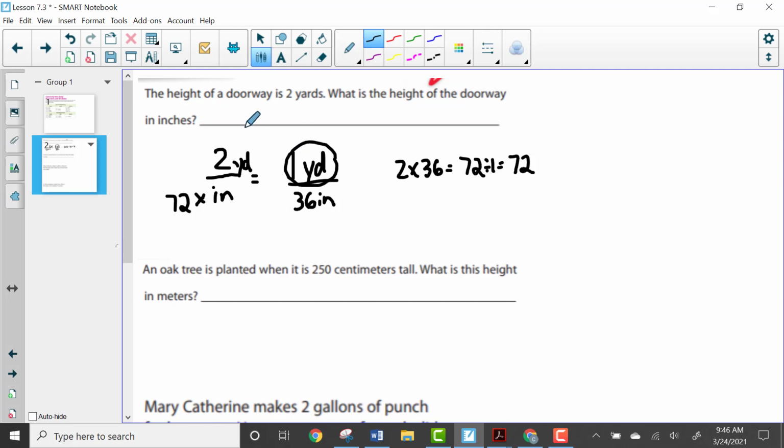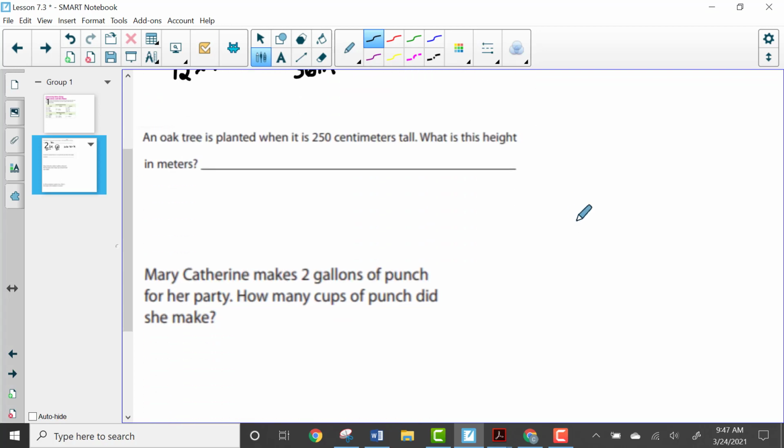So what's the height of the doorway in inches? 72 inches. Again, setting this up as a proportion, yards across from yards, inches from inches, cross multiply, and then divide by that 1, you'll be good to go when you're trying to convert within a measurement system.